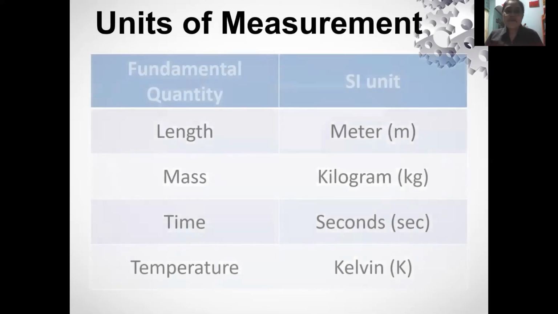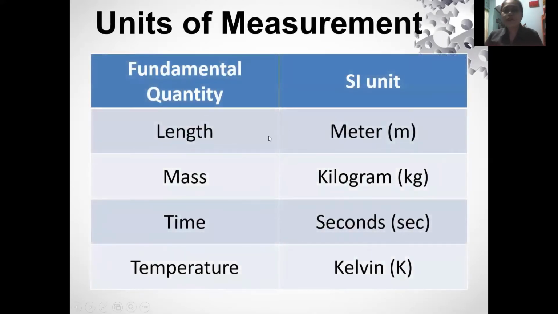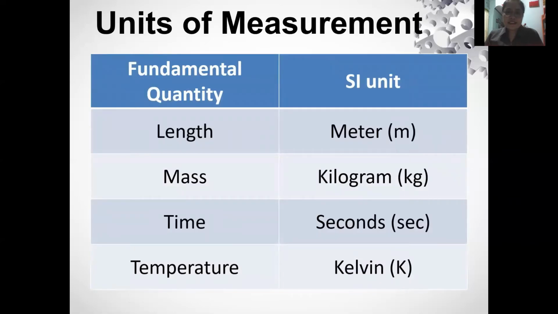Yeah, we also have units of measurement. You have to be familiar with the SI unit, that's the International System of Units. These are the accepted units. For example, for length, you have meter. And so on.